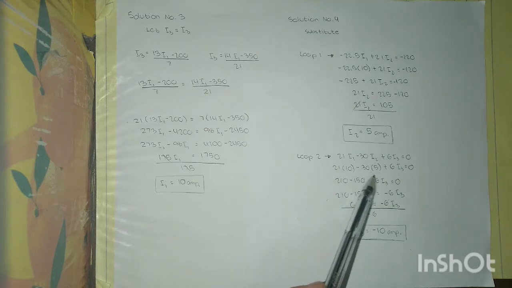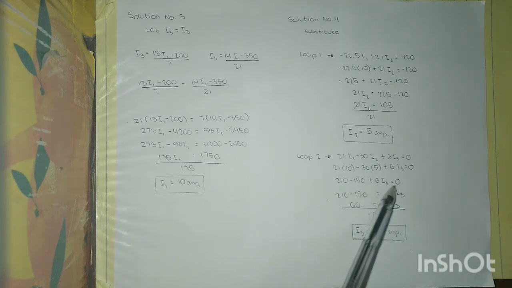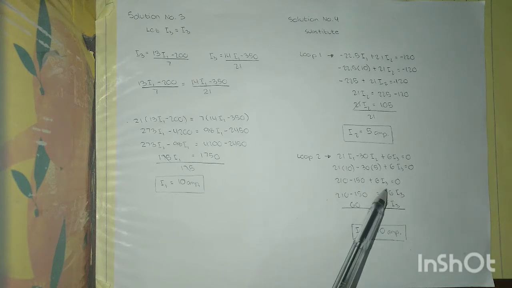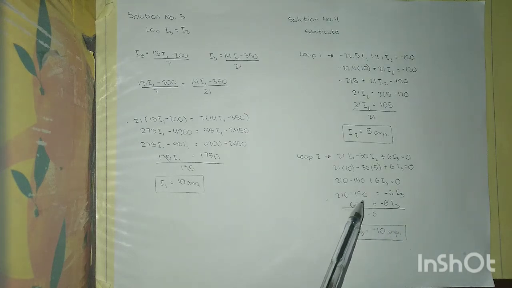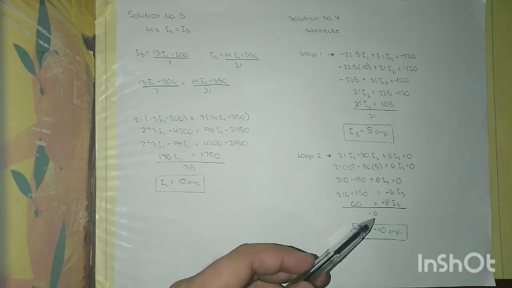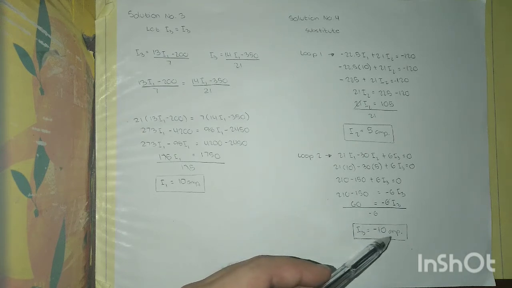Then negative 30 times 5 is equal to negative 150, plus 6 I3 is equal to 0. So move 6 I3 to the other side. 210 minus 150 is equal to negative 6 I3. 210 minus 150 is equal to 60. So divide both sides by negative 6 to get I3. 60 divided by negative 6 is equal to negative 10. So I3 is equal to negative 10 amps.